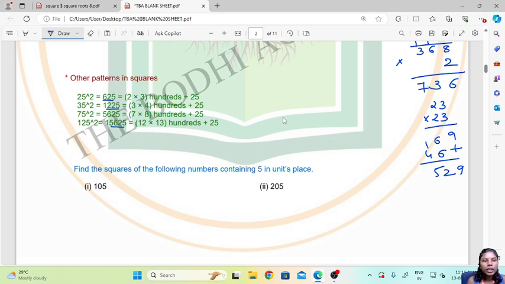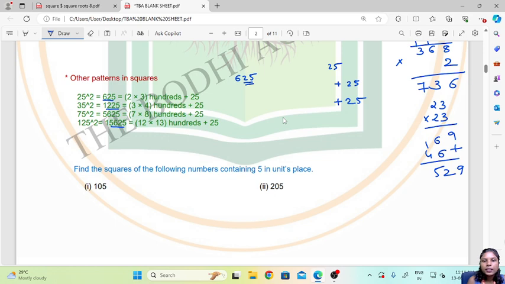So what we can do here is, if the ending number is 5, look at the beginning number that is there. If we can find two consecutive numbers whose product gives us that number, then you add the hundreds part to it, and at the end you add 25. So if you have 25 square, the 25 will go as plus 25.